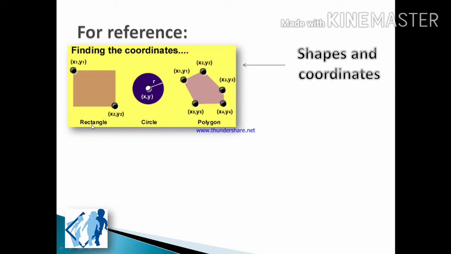In a rectangle we need 2 points, that is top left and bottom right. For circle we need only the center value, that is x and y, and r, that is radius, we can fix on our own. And the third shape is a polygon, where we can select as many points as we want to select any kind of shape.